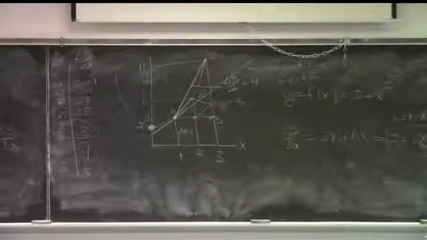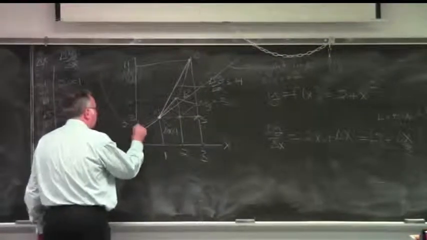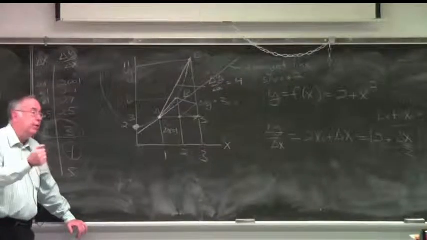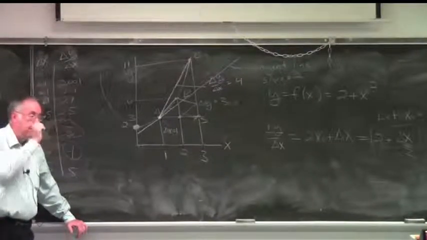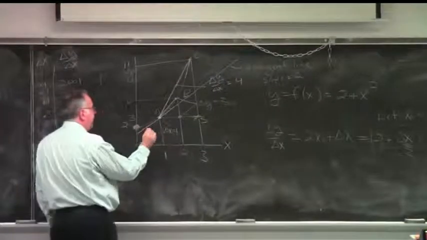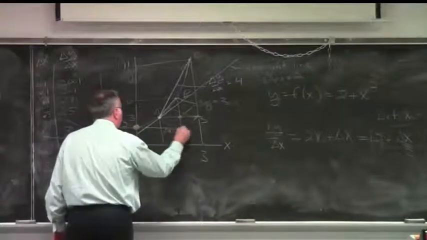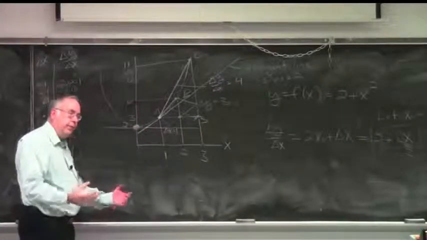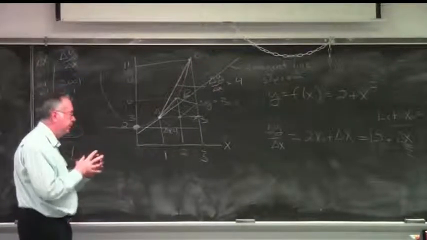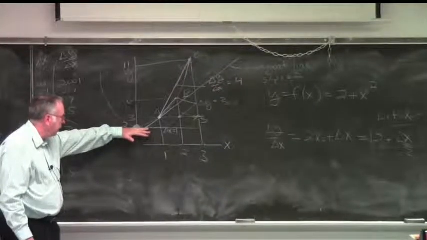What is the point slope of this function at x equals 0? 0. Yeah, and right here at the bottom of this function, if you were to draw a tangent line right here, it would be a horizontal line. Slope of a horizontal line, 0. Okay. So if you were to draw the tangent line right here, it would be a horizontal line.